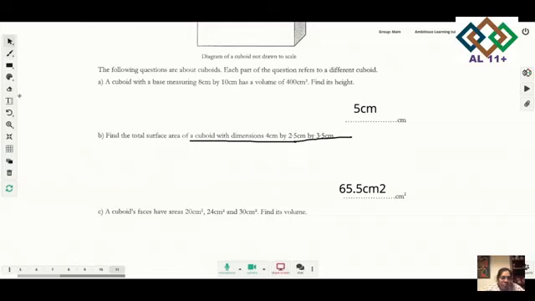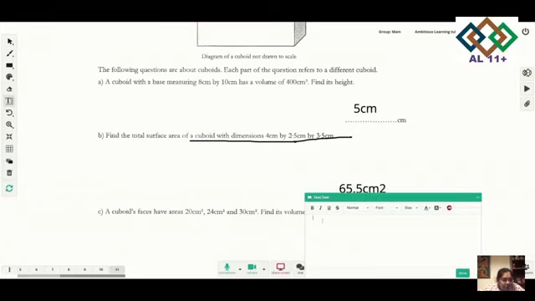First you need to work out the dimensions. You need to see how you get 20. You just need to simplify that: 4 centimeters multiplied by 5 centimeters into 6.